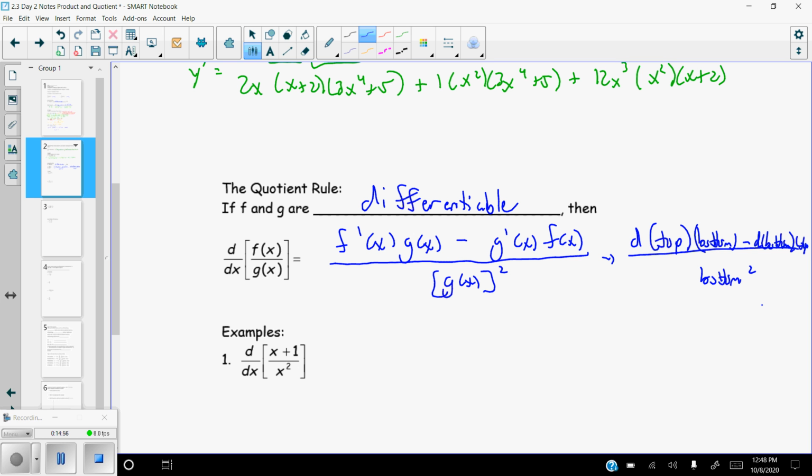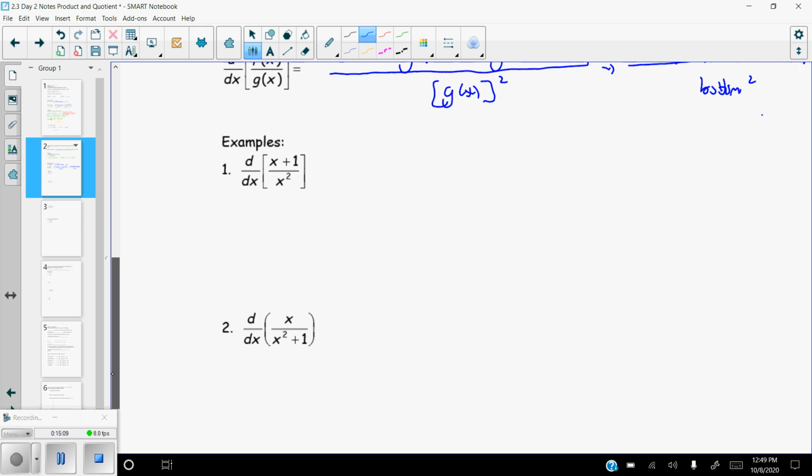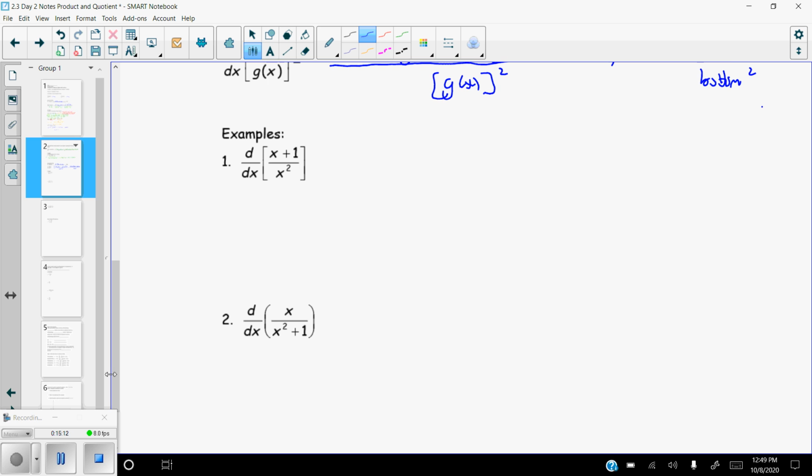So the derivative of the top times the bottom minus the derivative of the bottom times the top all over the bottom squared. All right, let's practice a couple. This will be a 2-video lesson, by the way.